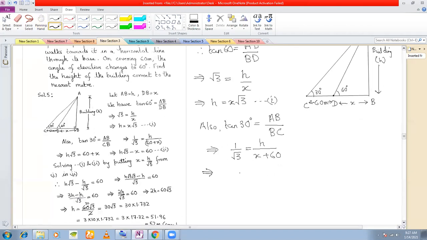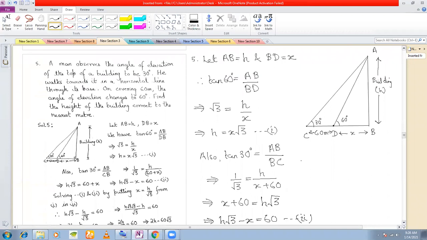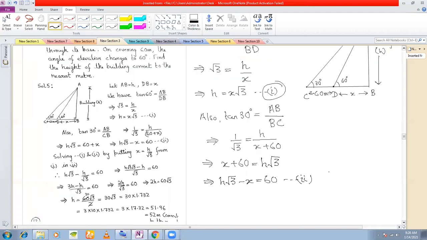So x plus 60 is equal to h root 3. That means h root 3 minus x must be equal to 60. This is our second equation. So equation number 1 is our first relation between h and x. With the help of these two simultaneous equations, we are going to find out the value of h. We don't need x, we need h.